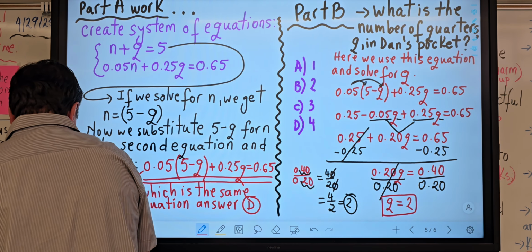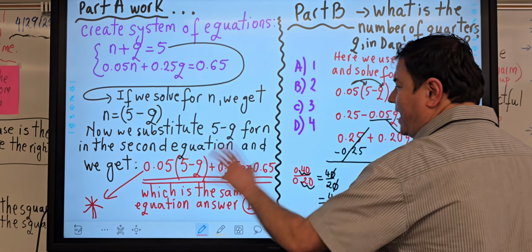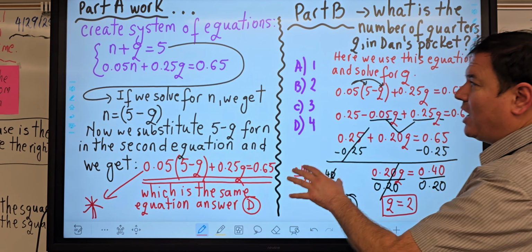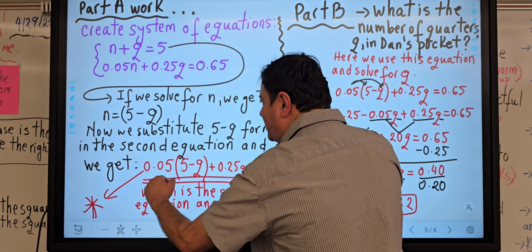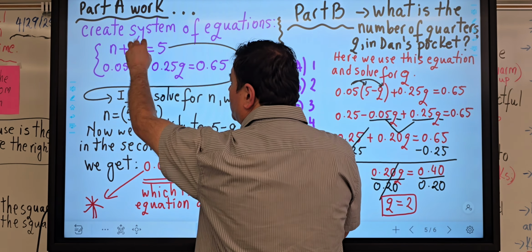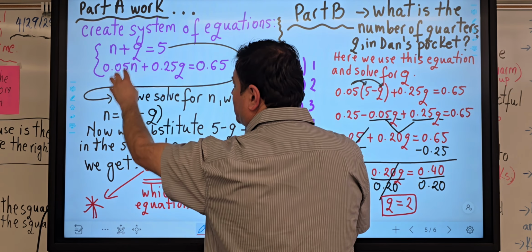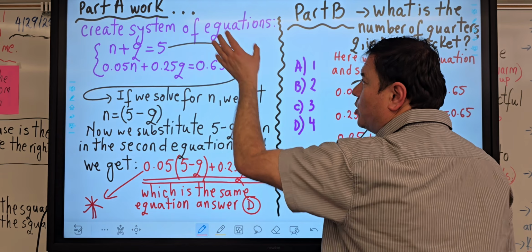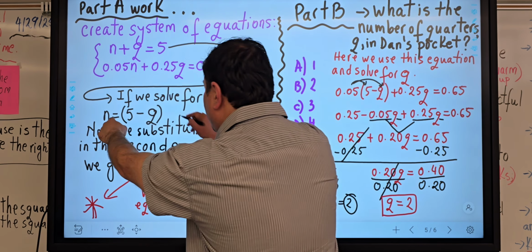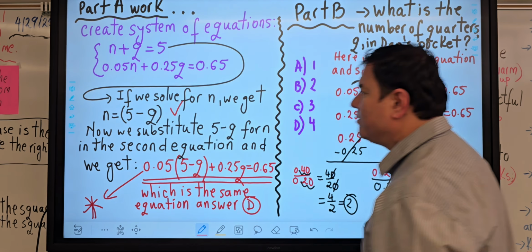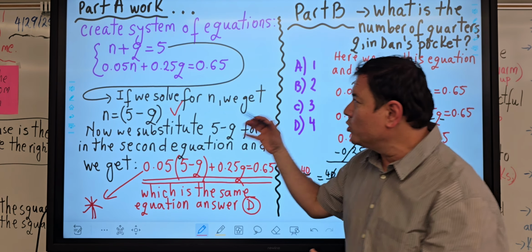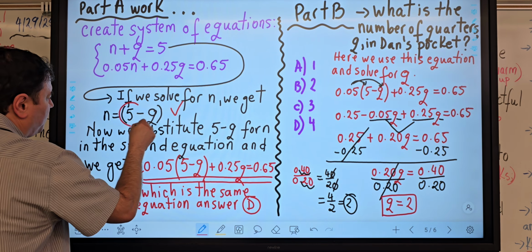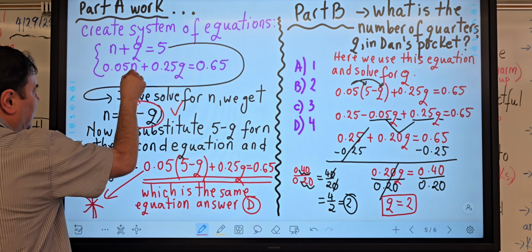In order to come to this answer, we had to solve for N first in the first equation by subtracting Q on both sides. So if we subtract Q on both sides, we get N equals 5 minus Q. And then with that information, we are going to substitute 5 minus Q into this N right here.